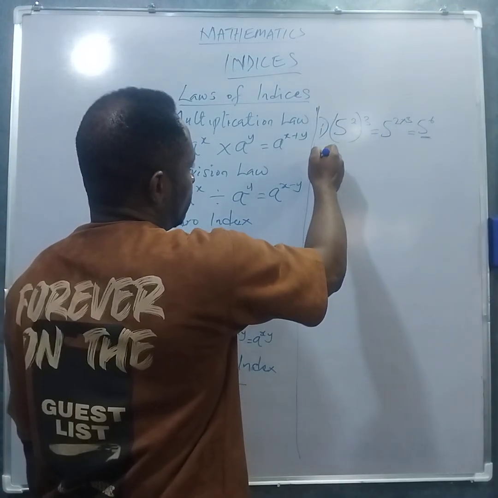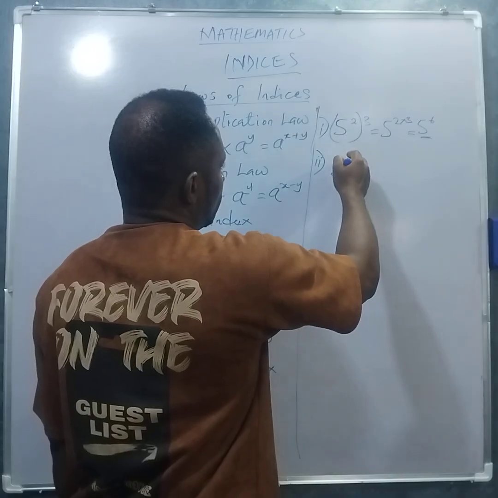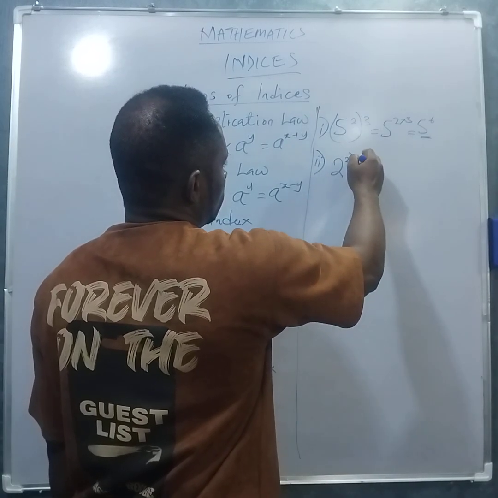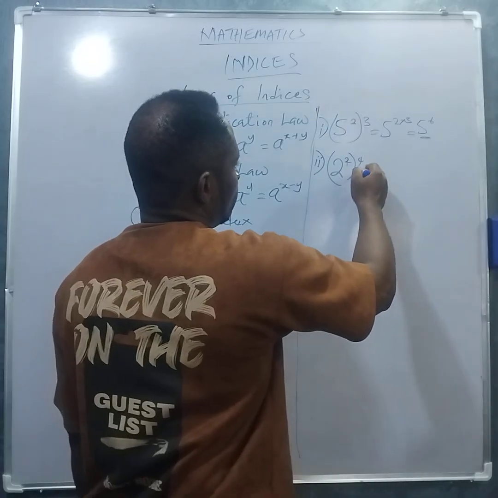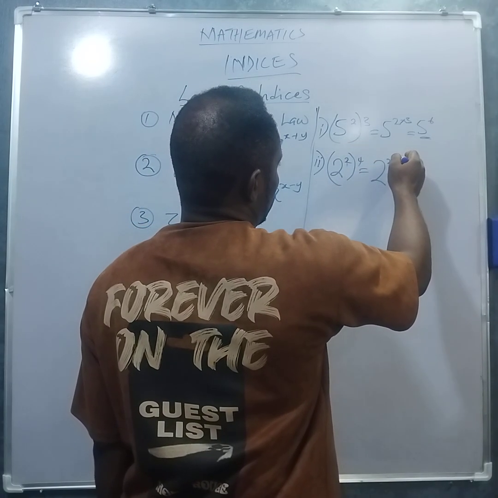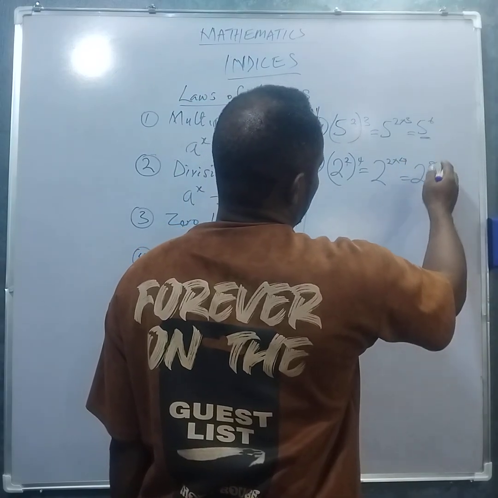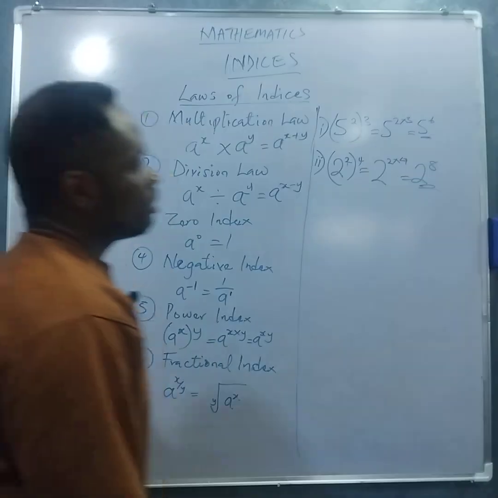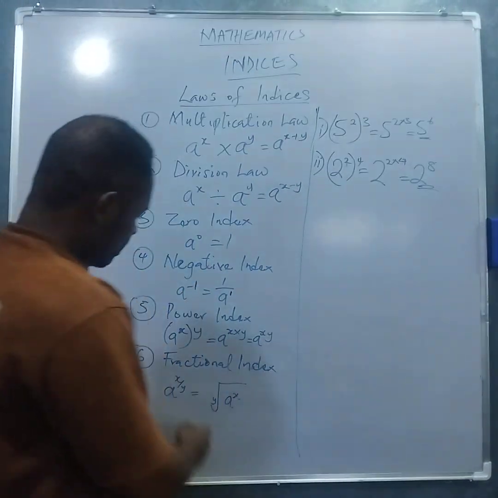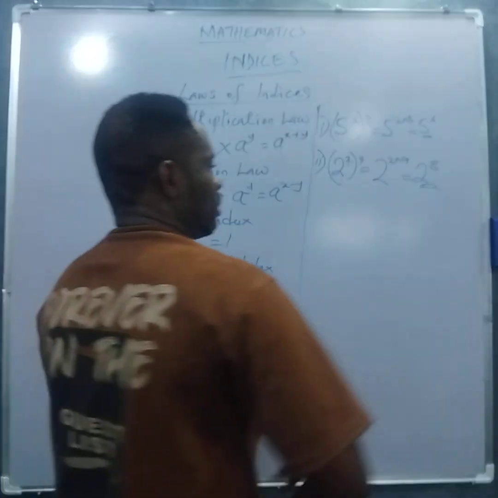So we have another one: 2 raised to power 1 raised to power 2 times 4, which is equal to 2 raised to power 2 times 4, which is equal to 2 raised to power 8. You can also multiply out.